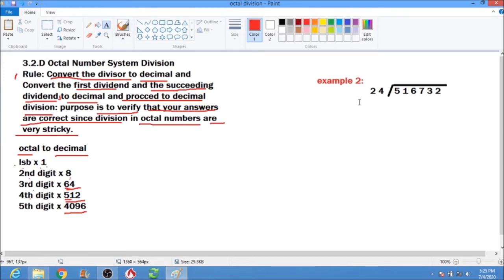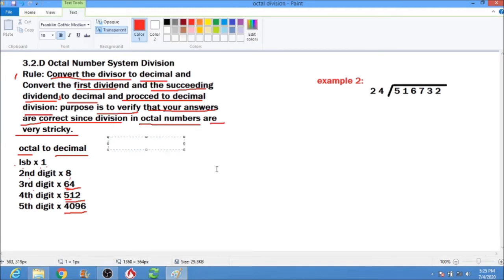First we are going to convert our divisor, which is 24, to decimal. So 1 times 4 is equal to 4, and 8 times 2 is equal to 16, and 16 plus 4 is 20 base 10.